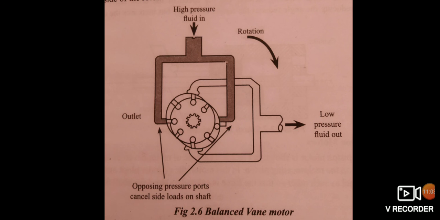Side force on the bearing is cancelled by an equal and opposite force from the diametrically opposite pressure port. Like ports are generally connected internally so that only one inlet and outlet port are brought outside. The balanced vane type motor is a reliable open loop control motor but has more internal leakage than the piston type. Thank you.